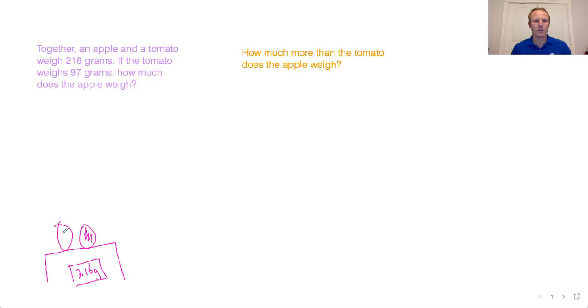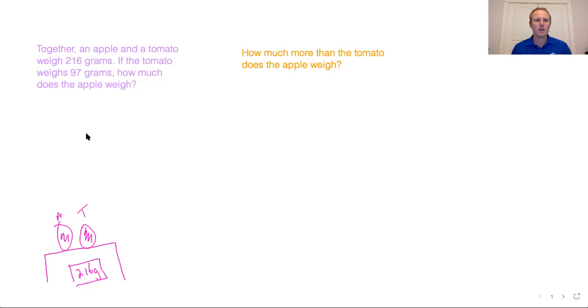An apple and a tomato. All right, so we know that if we take the apple off, that weight goes down to 97 grams. So we need to figure out what plus 97 equals 216. So when we add the apple back on, some amount of weight adds with 97 to get up to 216.